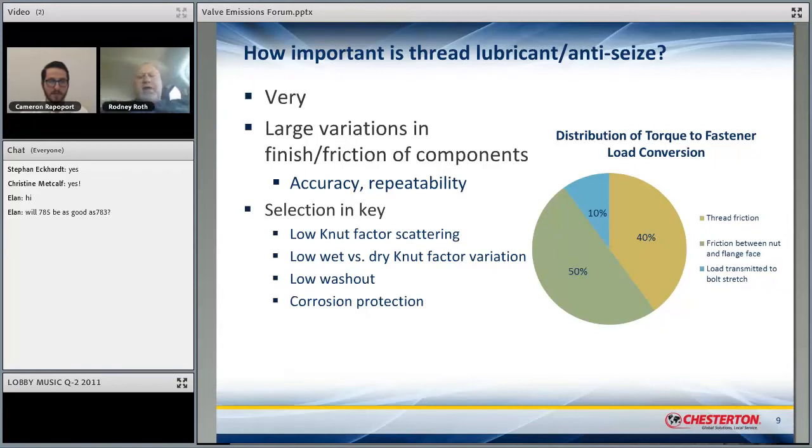I've actually seen and done testing where we've seen scatter go 3 times as high. So the original torque was calculated at a 0.16, and when we actually ran the testing, we found that it was 0.45 to 0.50.